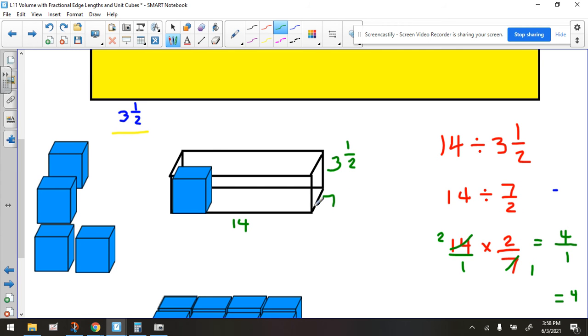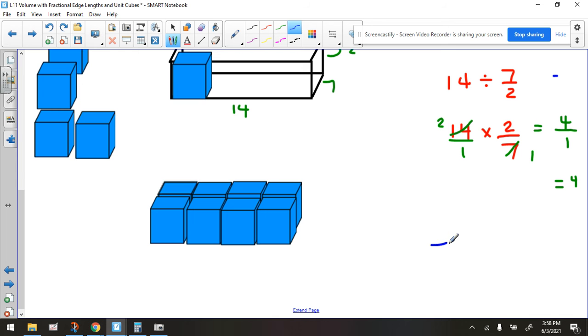What about going this way? How many cubes can we fit going this way? We're really taking 7 and dividing it by 3.5. So let's take a look at what that would look like. 7 divided by 3.5, which is the same thing as 7 divided by, as an improper fraction, 7/2.